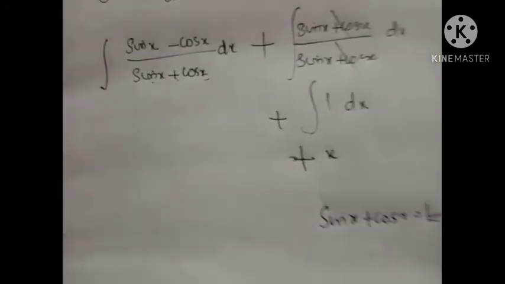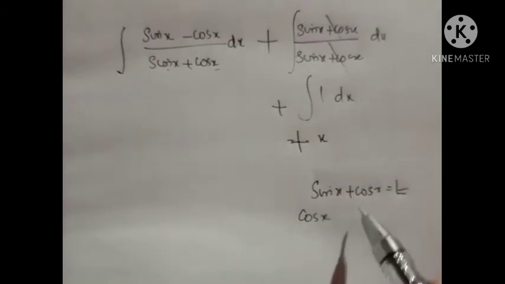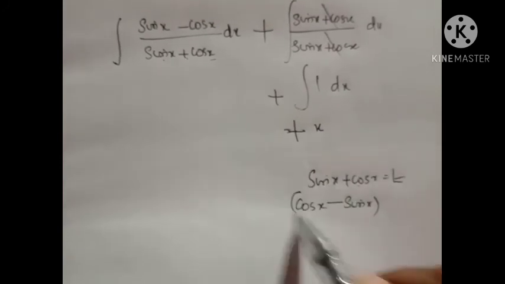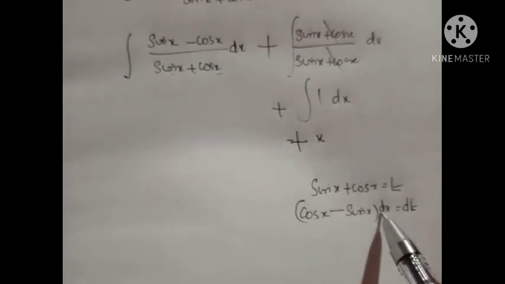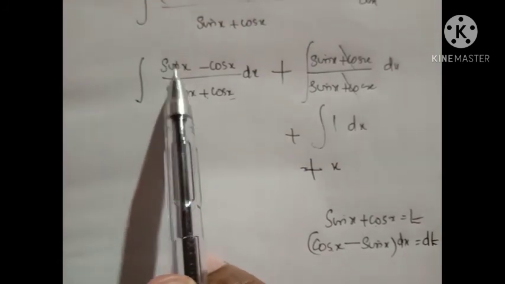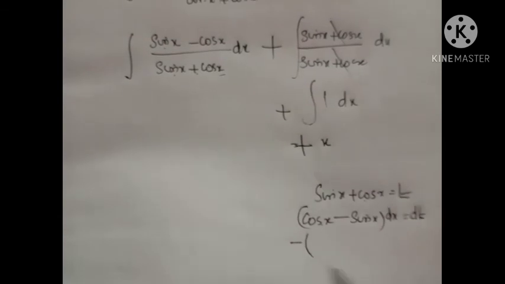Now differentiating, we get derivative of sin x is cos x. Derivative of cos x is minus sin x with respect to x equal to dt. Okay, (cos x minus sin x) dx equal to dt. Now look at the numerator. It is sin x minus cos x. So just change the sign. Take the negative sign outside.